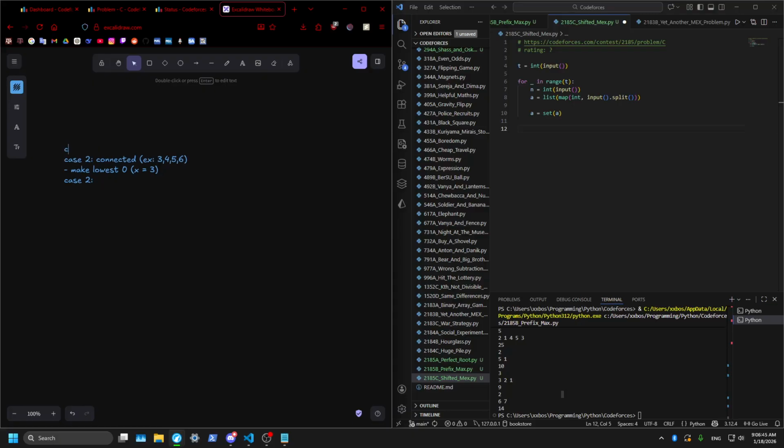Case 1, select highest number. Case 3, gaps.